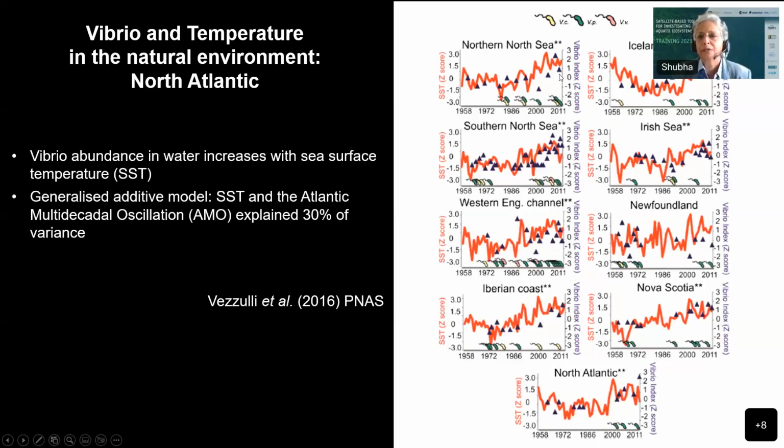And they did the analysis for the different types of Vibrio: Vibrio cholerae, Vibrio parahaemolyticus, and vulnificus. And you can see how the different types of Vibrio were affected.